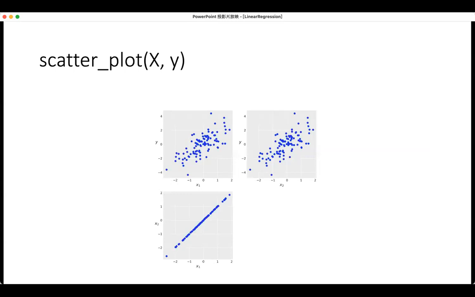As you can see, the relationships between x1 and y and between x2 and y are still the same, but the relationship between x1 and x2 is almost a straight line, indicating that they are highly correlated.